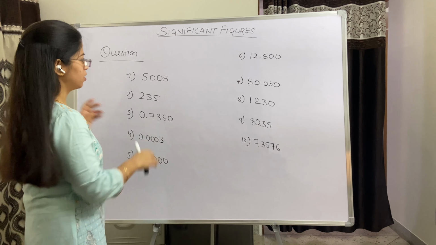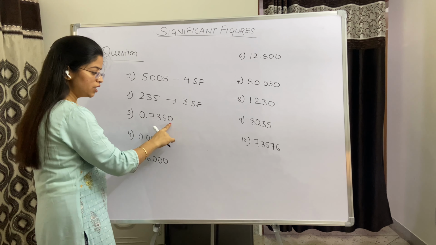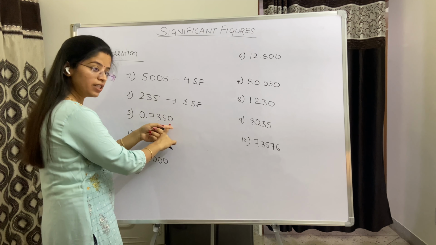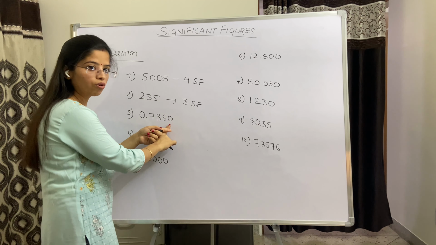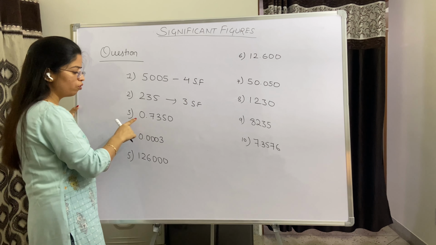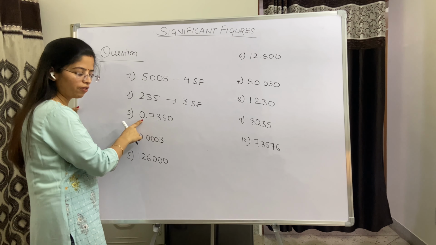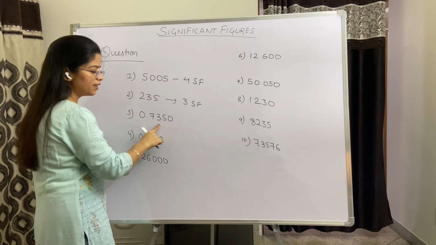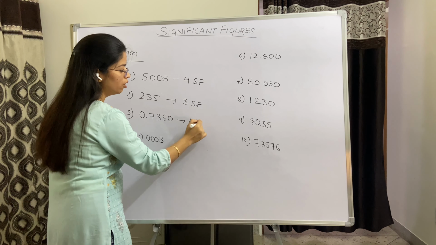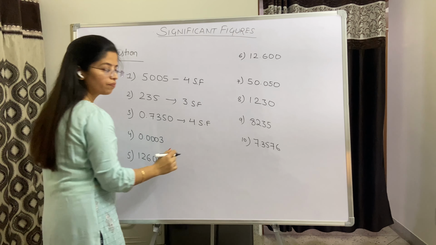In this case, we have 4 significant figures because this 0 is present after the decimal, which is significant according to rule 4, and this 0 is present before the non-zero number, so we will not count it as significant. So I can say in this case we have only 4 significant figures.